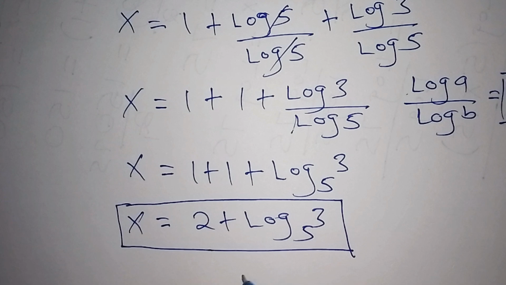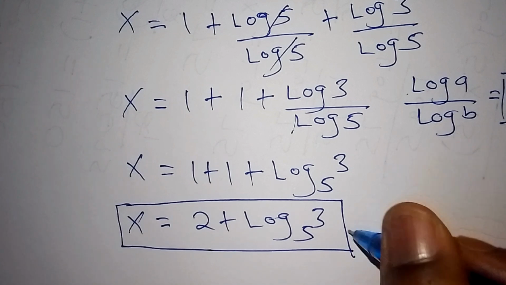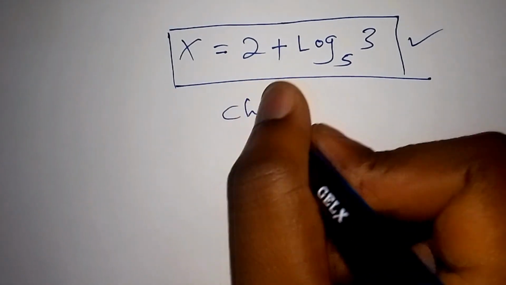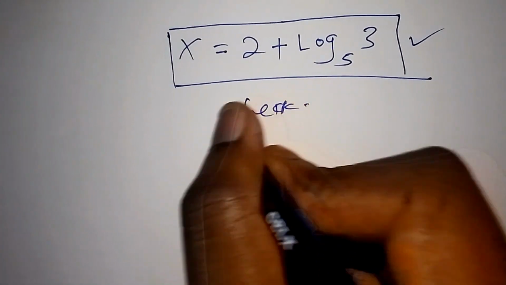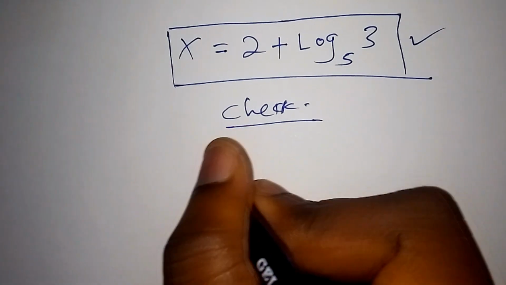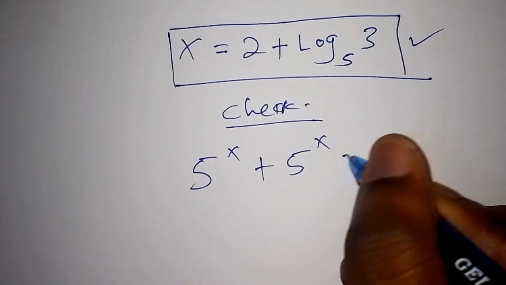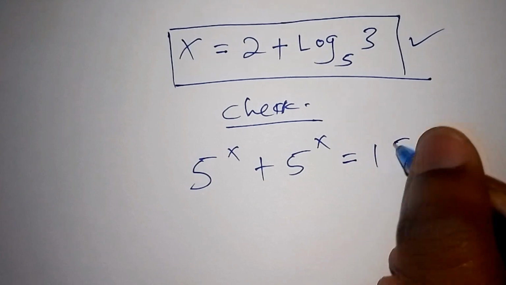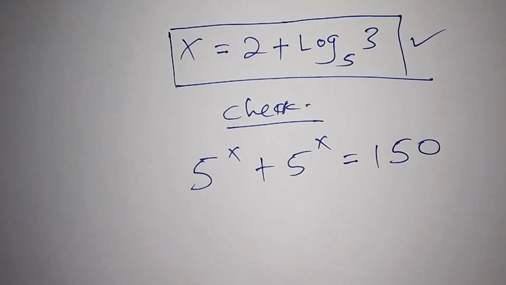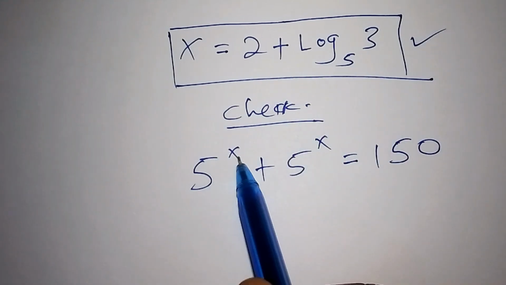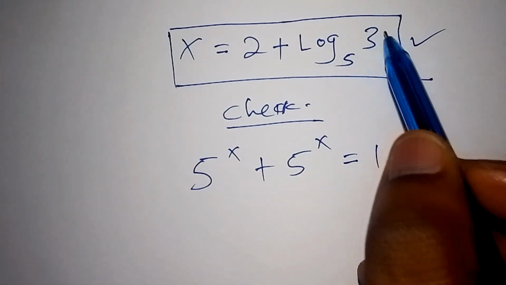Now I want us to confirm or check if it is indeed true. So let's check and confirm it. Our equation was 5 to the power of x plus 5 to the power of x is equal to 150, and the x that we got is this one. So instead of writing x, write 2 plus the log of 3 base 5.